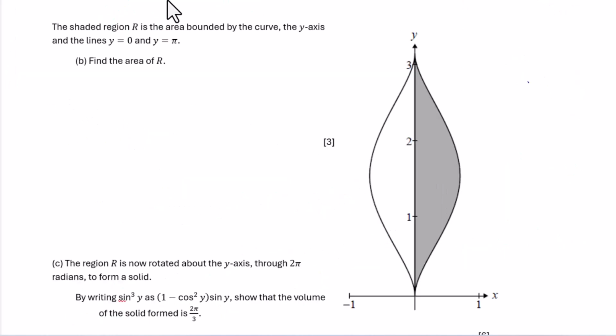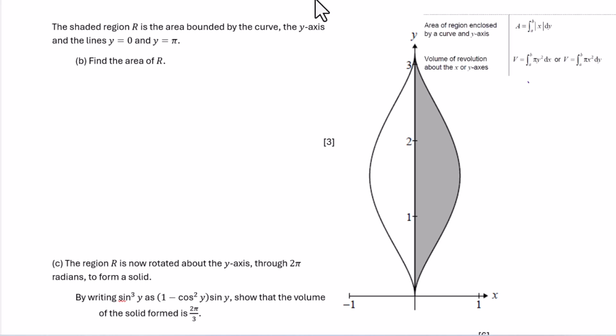The shaded region R is the area bounded by the curve, the y-axis, and the lines y equals 0 and y equals pi. Find the area of R. Here is the formula: integral from 0 to pi of the absolute value of x dy.